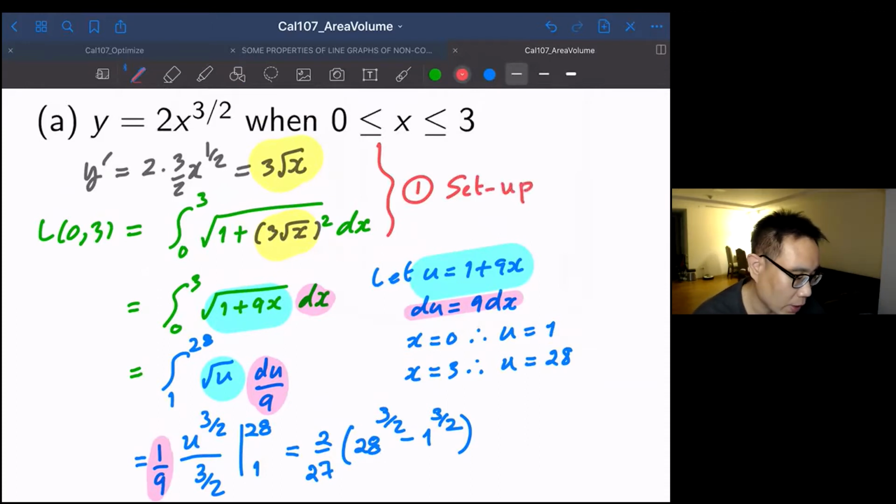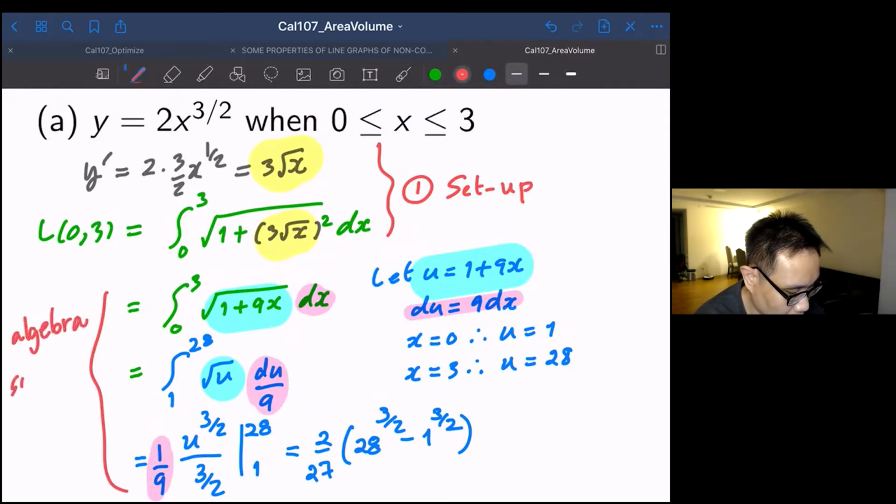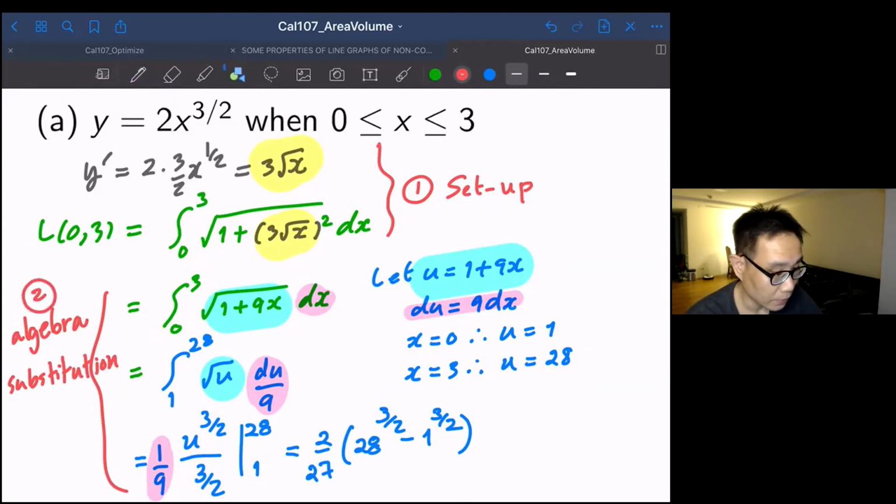The second one is you're going to evaluate for the value. So here you use algebra and the substitution. So that will be your second step. That's all.